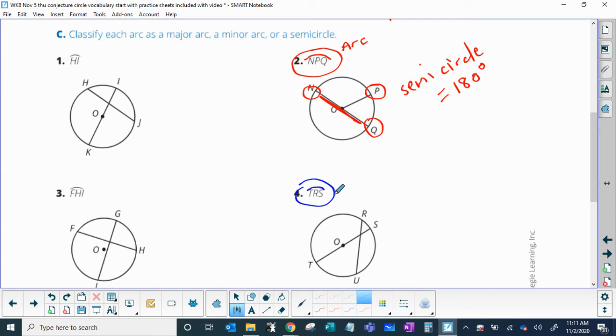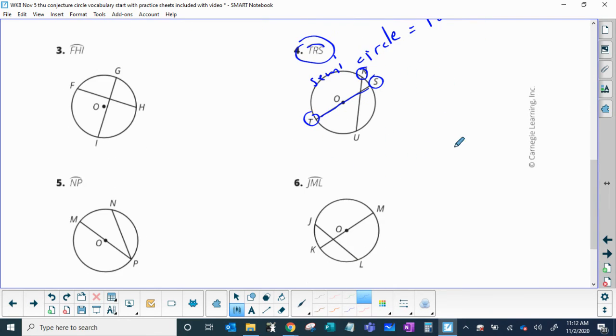And because it's an arc, we've got to figure out which kind. To me, it looks like a diameter. So again, I think it's a semicircle, 180 degrees.